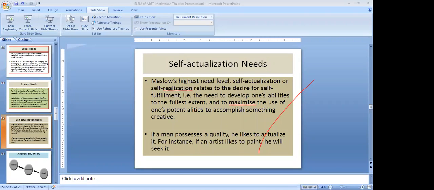Why are they leaving? They are leaving to a place where they can be able to fulfill their potentials. They are seeking self-actualization, self-fulfillment. This is the kind of need that drives people at this level.